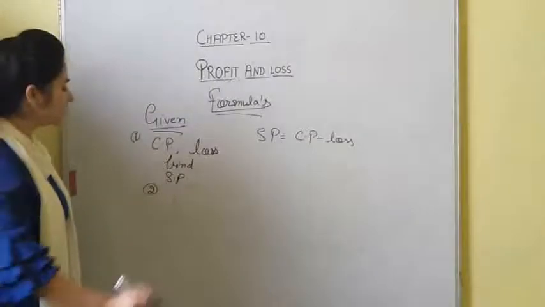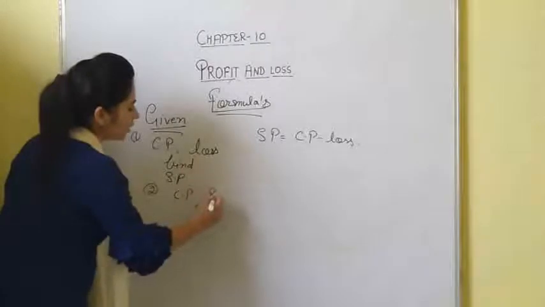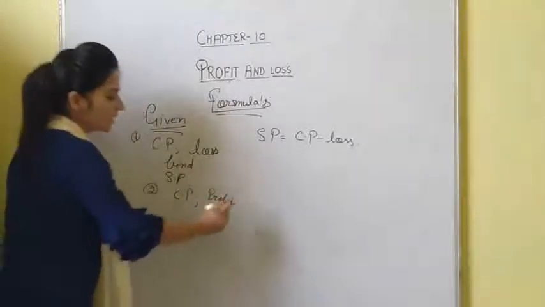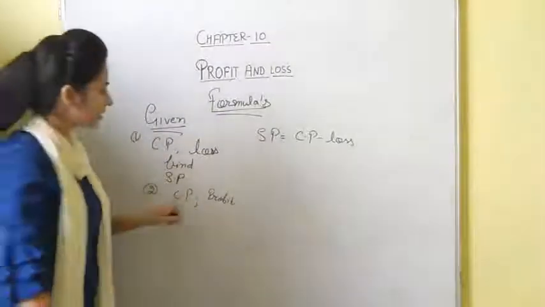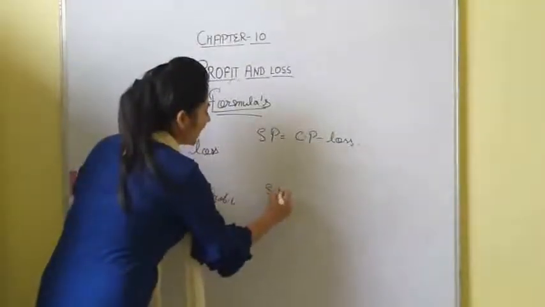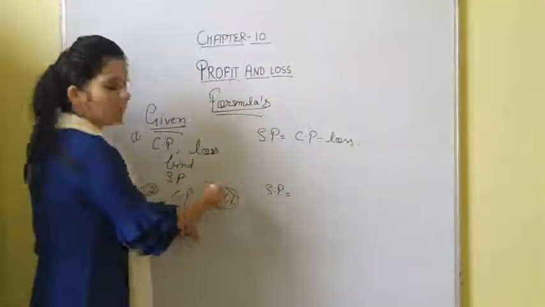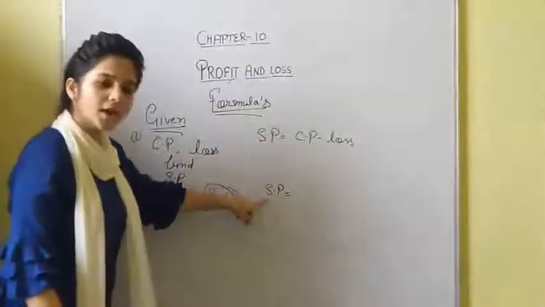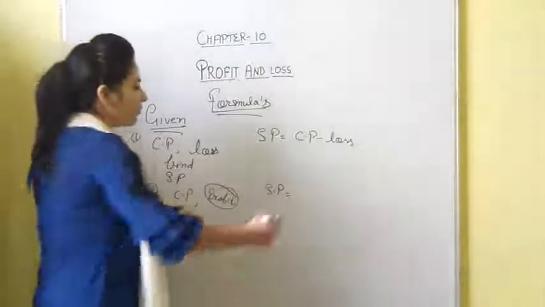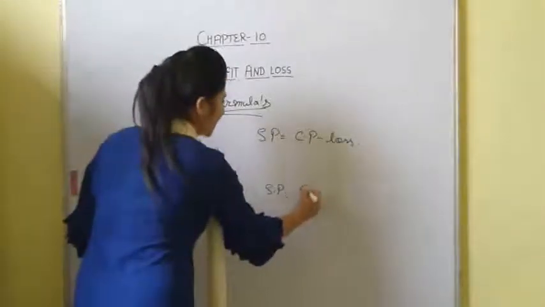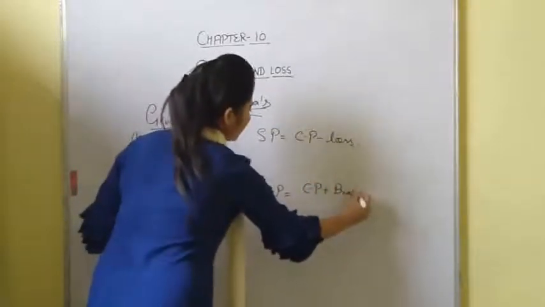Next formula is when we have CP and profit, जब हमें क्या गिवन है? Cost price and profit, and we have to find the SP. In case of profit, profit के केस में जो SP है हमारा वो ग्रेटर होता है किससे? CP से। So formula of finding the SP is CP plus profit.